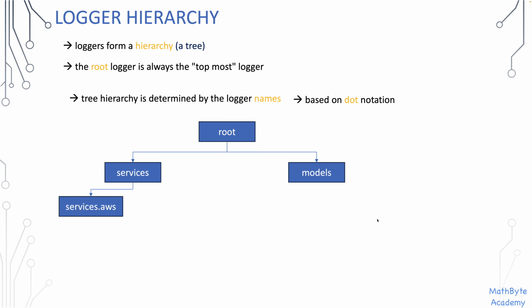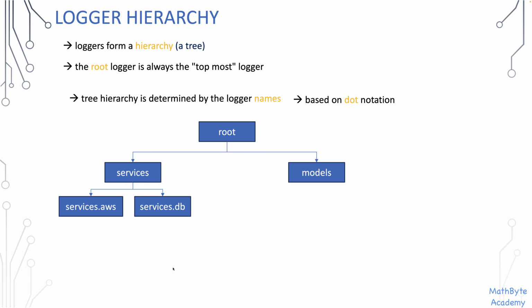But now I create another logger, and the string that I pass it is services.aws. Because services was also a logger, this services.aws is essentially below services in this tree. Now, this is not inheritance, right? It is basically just saying that services.aws is a child of services, but not in the inheritance sense.